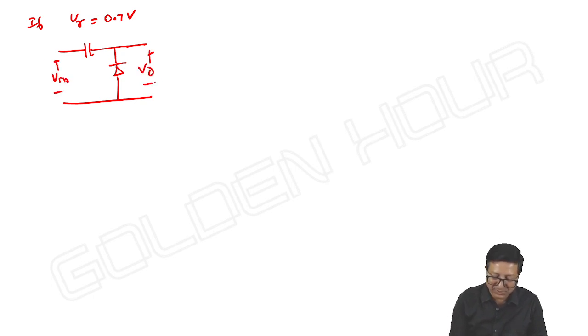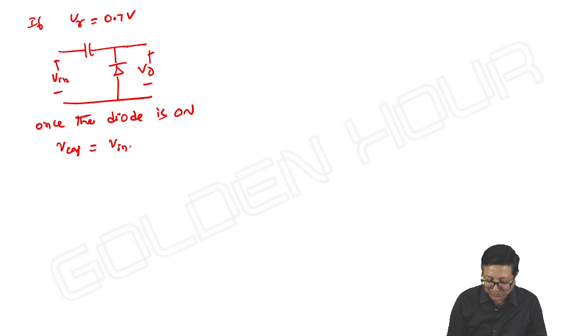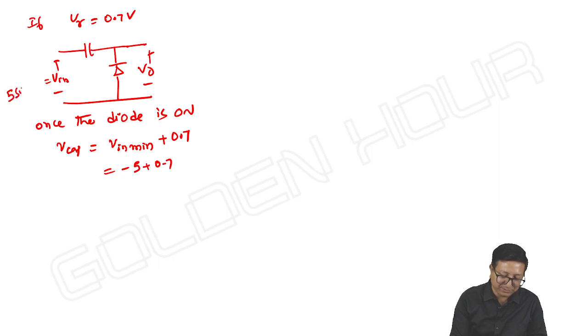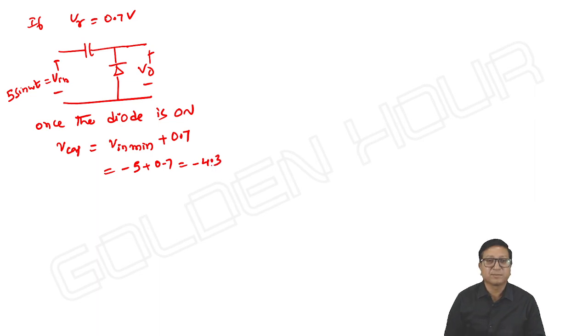V input, V output. Once the diode is on, V capacitor is equal to V input minimum plus 0.7. So it is minus 5 plus 0.7 if V input is 5 sin omega t. It is equal to minus 4.3.